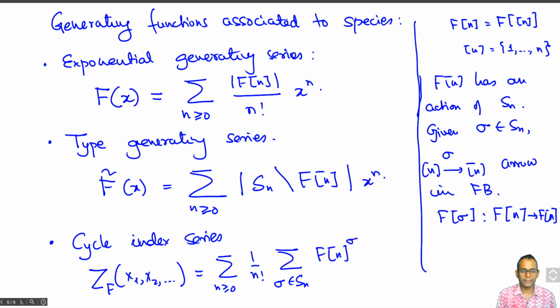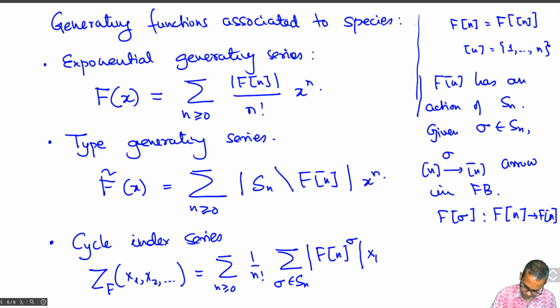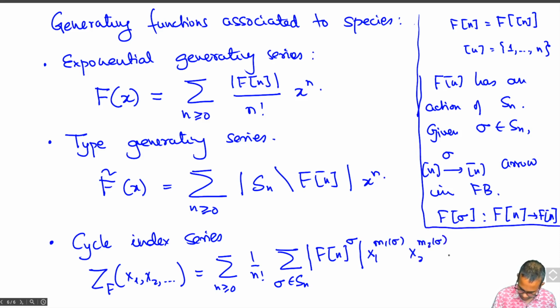I look at the fixed points of sigma under this action, take that, and multiply it by x1 raised to m1 of sigma, x2 raised to m2 of sigma, and so on, where mi of sigma is the number of i-cycles in sigma.